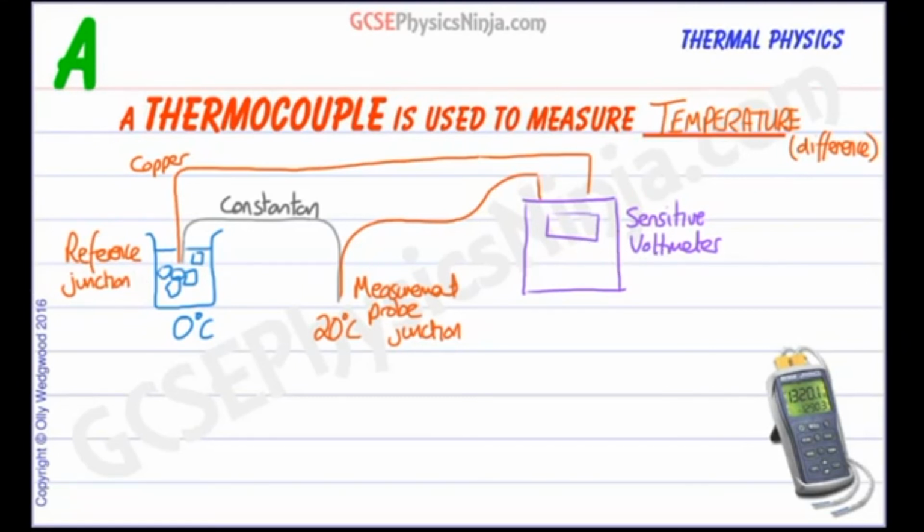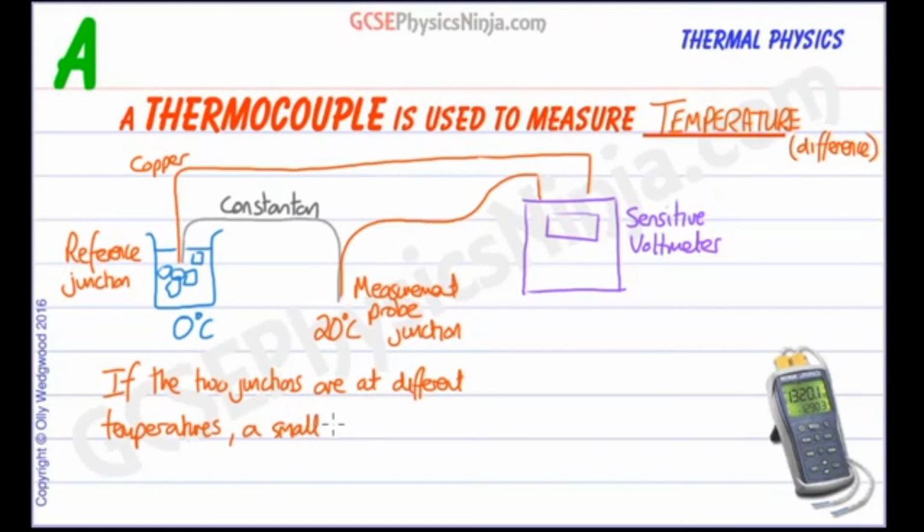Okay, so let's just write a couple of words about that so you can understand how it works. If the two junctions are at different temperatures, a small electromotive force, or EMF, remember that's the same thing as voltage or potential difference, is produced.